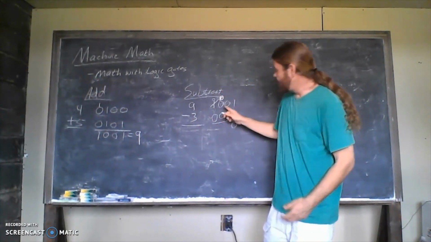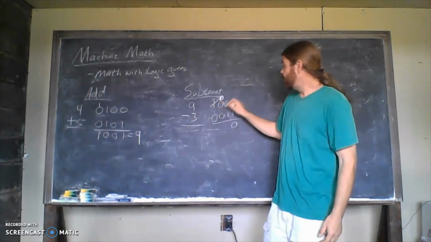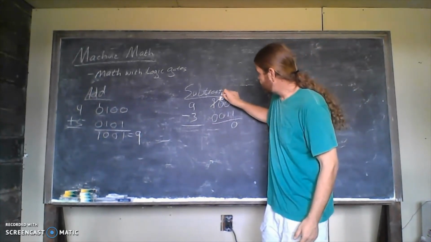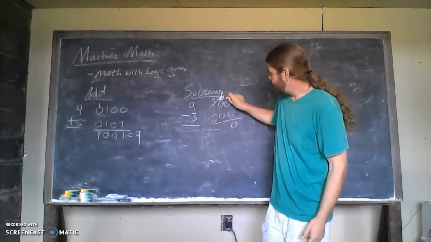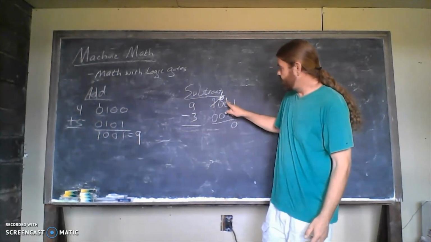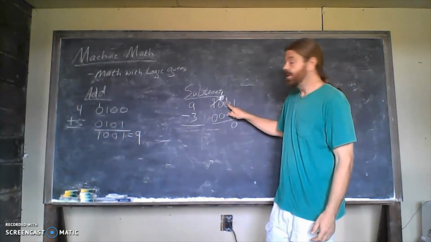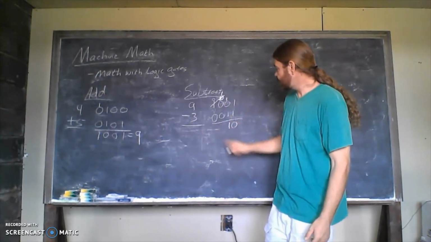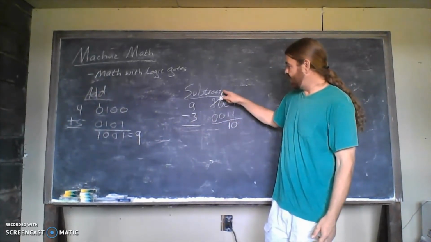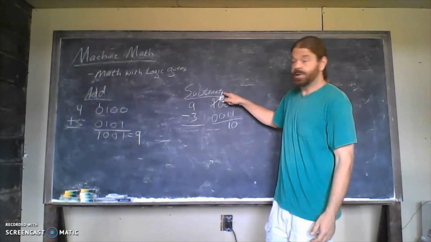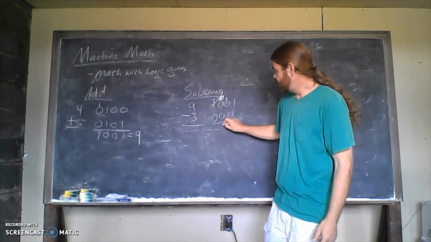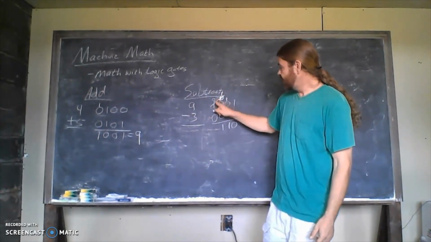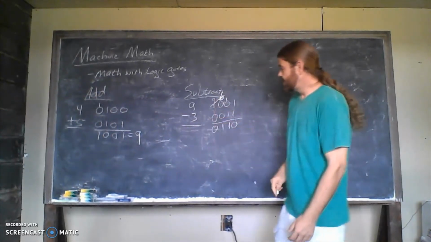So now we can borrow from a 2. We'll borrow one of those, which leaves 1 behind. And then now we have 1, 0. So we have 2 here. So 2 minus 1, we can do that. 2 minus 1 is 1. Then over here, after we finished all of our borrowing, we have a 1. 1 minus 0 is 1. 0 minus 0 is 0.